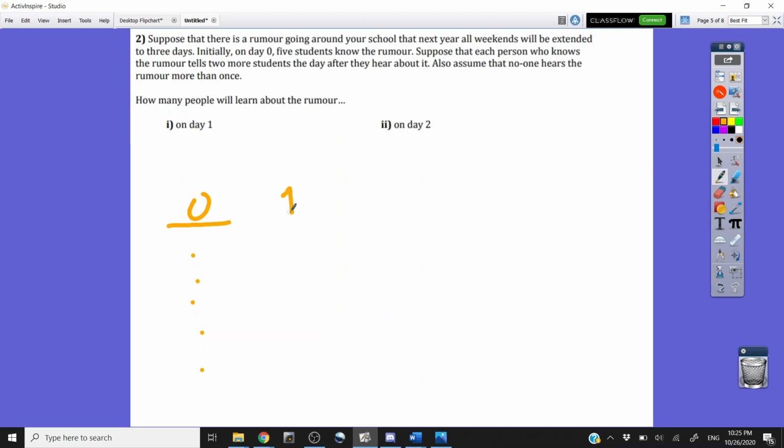Then on day 1, each of these 5 students are going to tell 2 people. I do things like this guy tells 2 people, and this guy tells 2 people, and this guy tells 2 people. I think you can already see these 5 people are going to turn into 10 people on day 1, and then we can multiply again on day 2. But I'm just trying to say that this is the strategy I use when I have trouble picturing things. I just go ahead and draw diagrams.